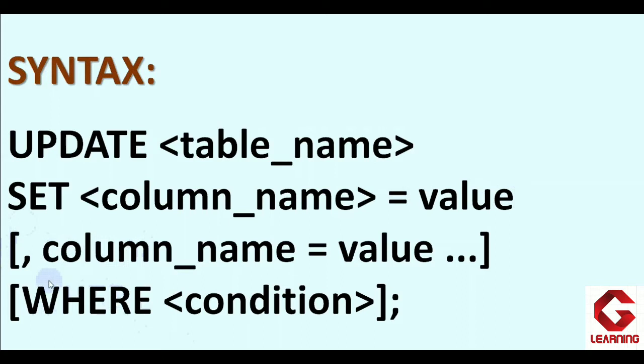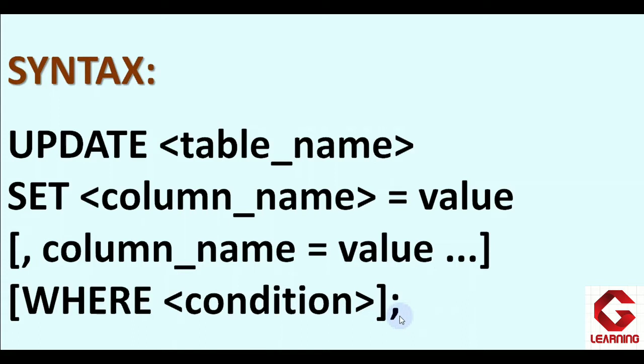Thereafter, if we want to make a change in a specific record, for that we have to give a condition using the where clause, and just to end the update statement we have to enter a semicolon at the end. So this is the syntax of the update command.